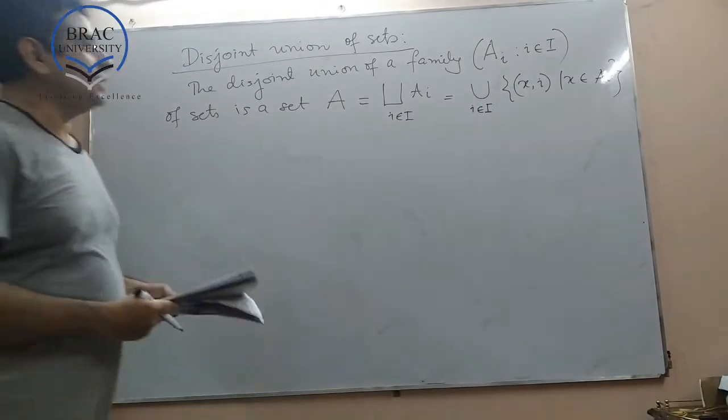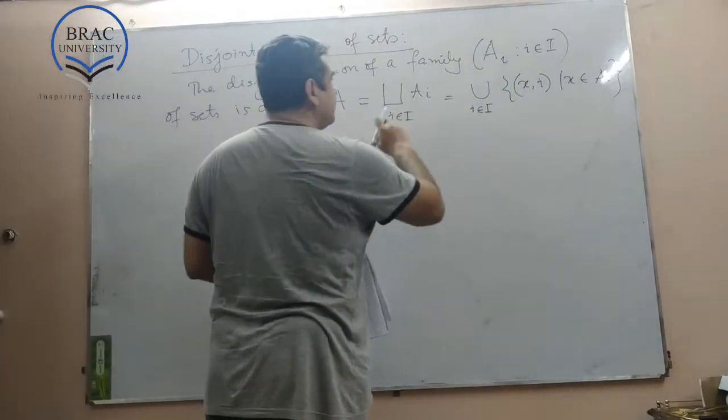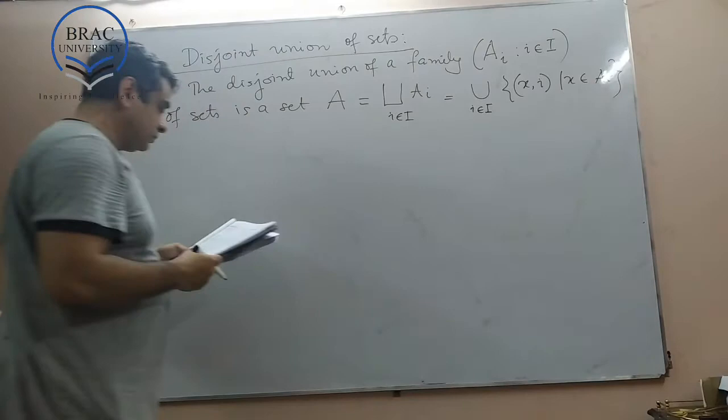So this is the definition of the disjoint union of sets.